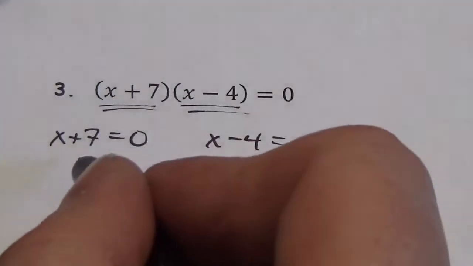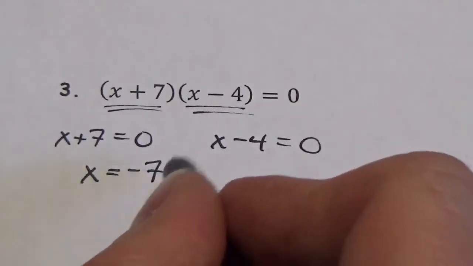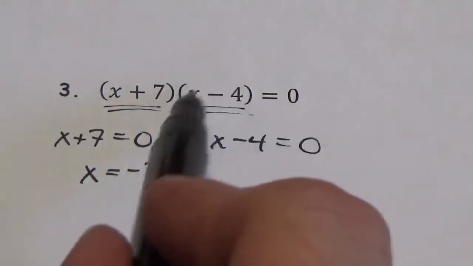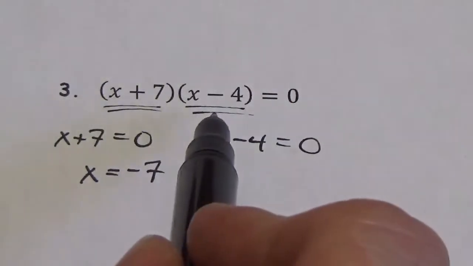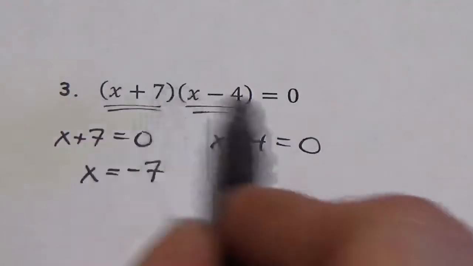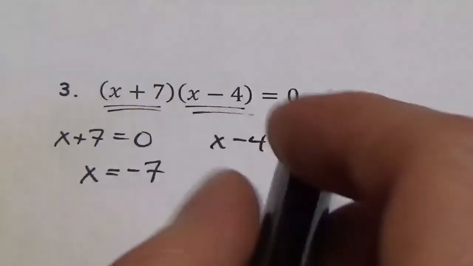If that's the case, then that only goes to 0 if x is equal to -7, because -7 plus 7 would get you 0. Now, this factor here, if you plug -7 into it, doesn't go to 0. It's going to go to -11. That's okay, because the other factor is the thing that's going to cause the product to be 0. It would be 0 times -11, boom. So there's one possible answer.